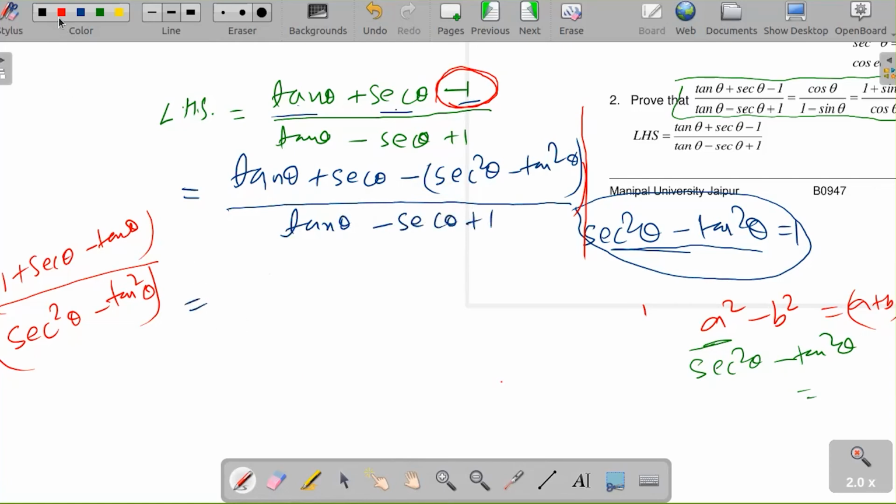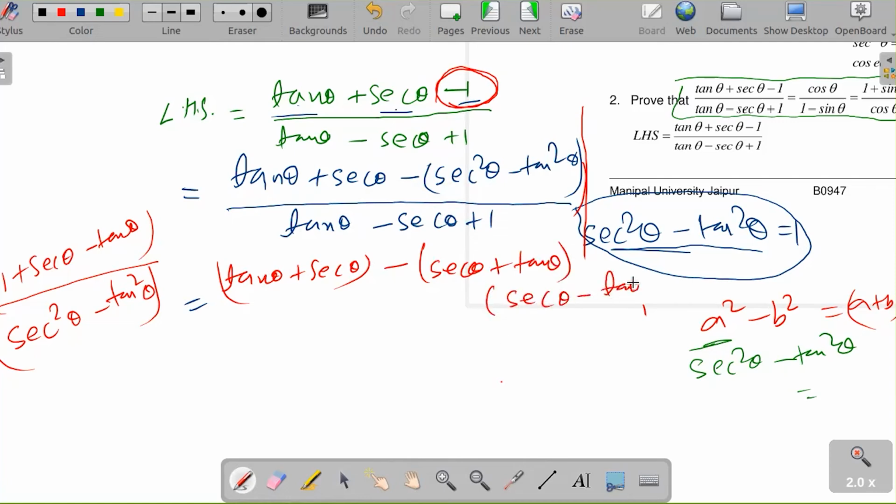Then this will be tan plus sec minus sec theta plus tan theta multiplied by sec theta minus tan theta, all divided by tan theta minus sec theta plus 1.